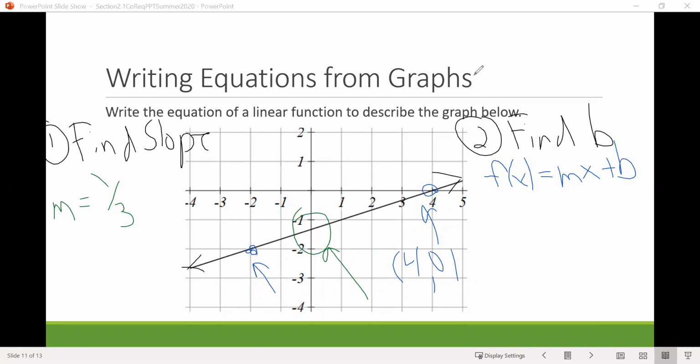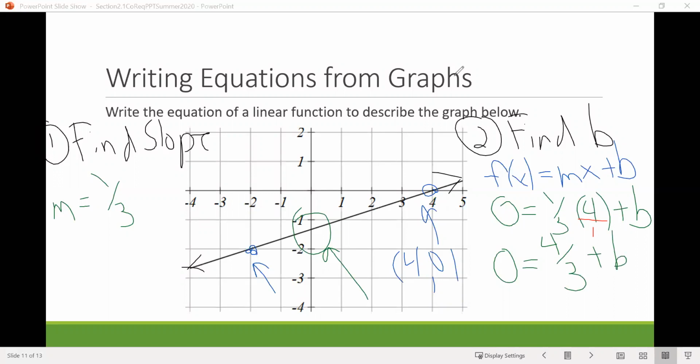If I plug that in now, I have my output, which is 0, equals my slope, which is 1/3, times the x value, which is 4, plus b. So 0 equals 1/3 times 4. Recall, we can make the 4 into 4 over 1. When you multiply fractions, you multiply straight across. So 1 times 4 gives us 4, and 3 times 1 gives us 3. So we have 4/3 plus b.